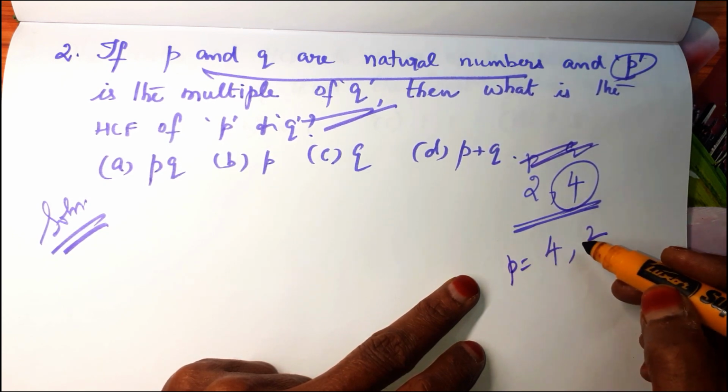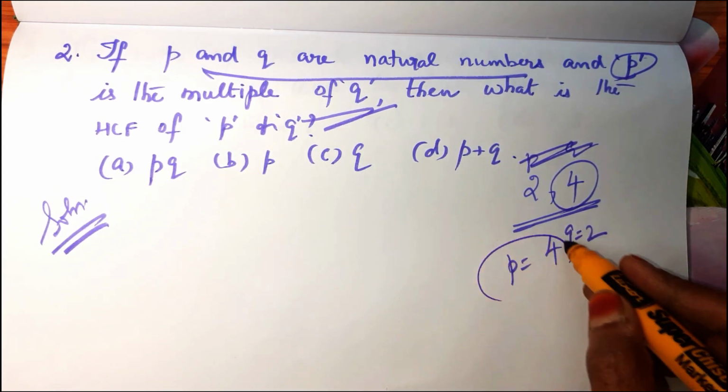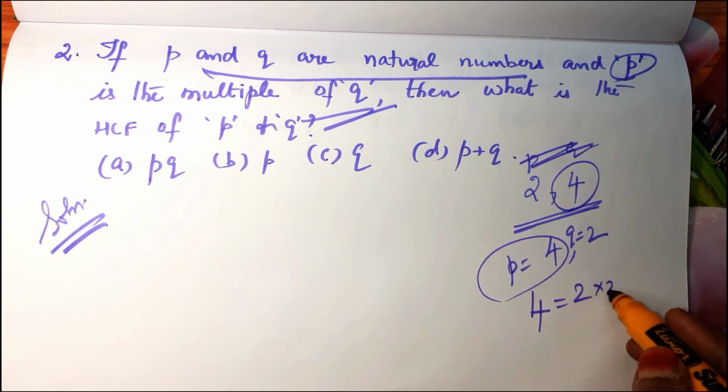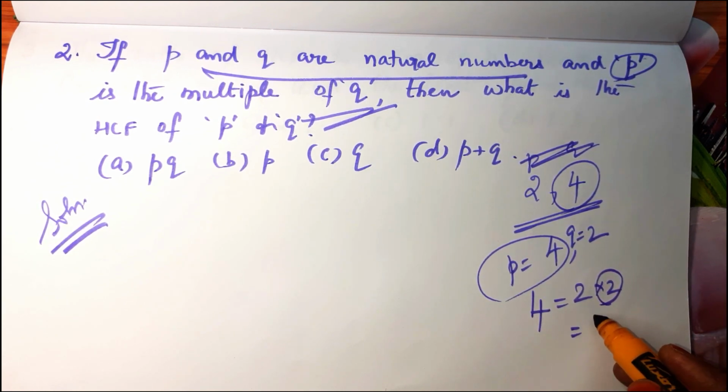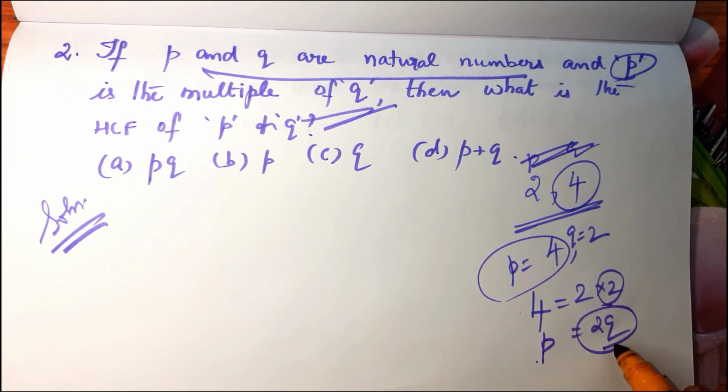Take P as 4 and Q as 2. These two are natural numbers and this P, that is 4, can be written as 2 into 2. 2 is Q, so 2Q. It is a multiple of Q. So P is a multiple of Q. So like that they have given.